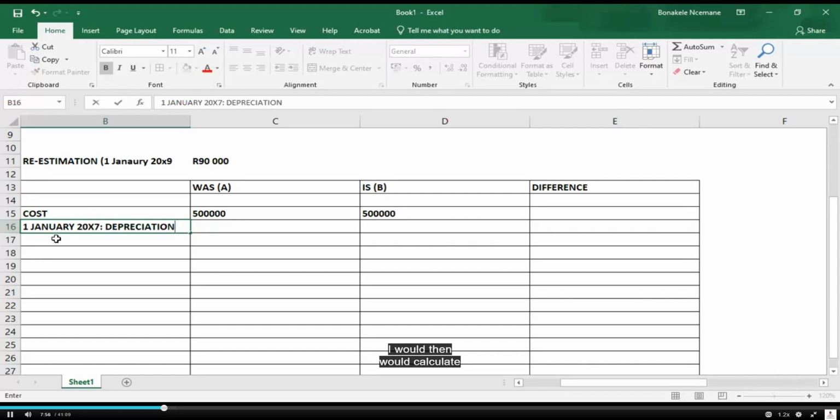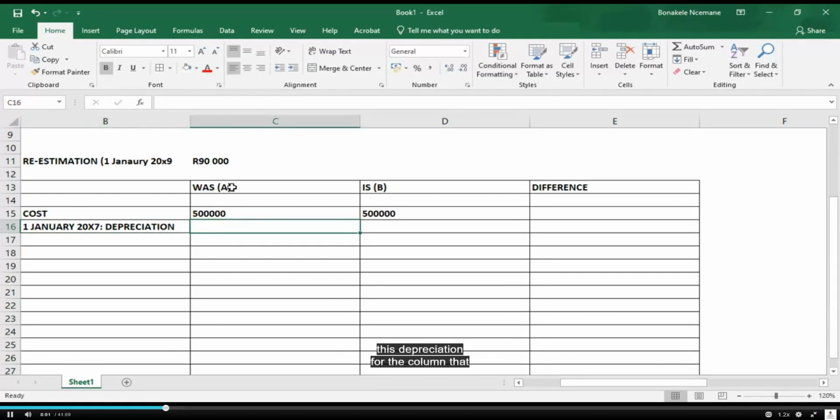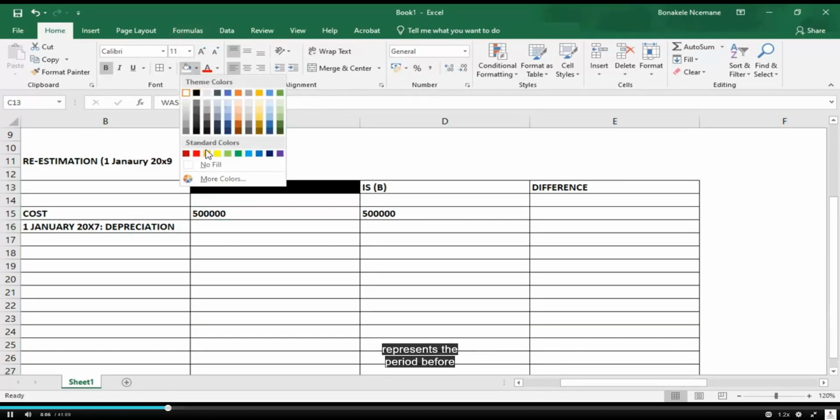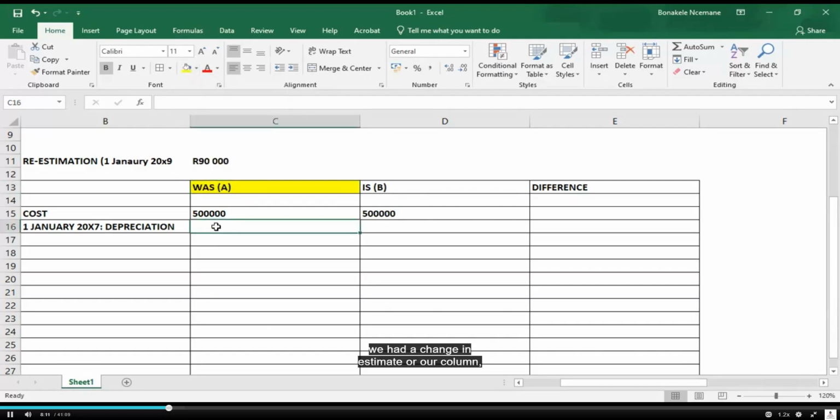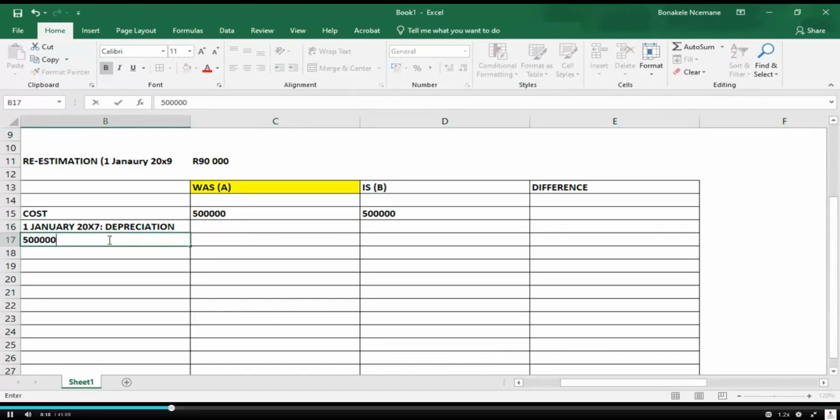How we would calculate the depreciation for the period before we had a change in estimate, our "was" column, is we say 500,000 minus the residual value.